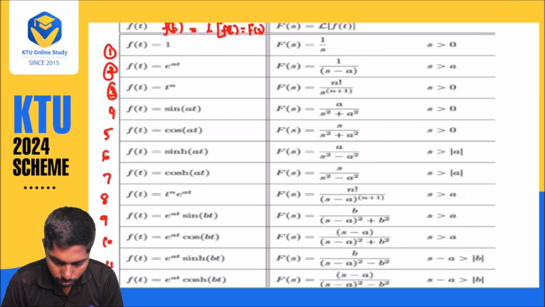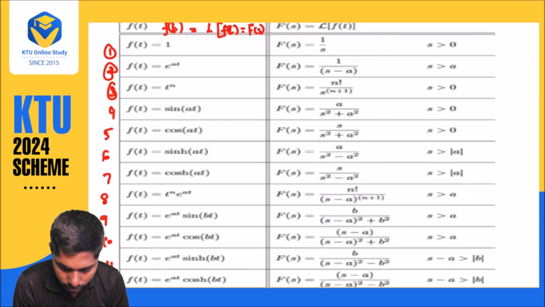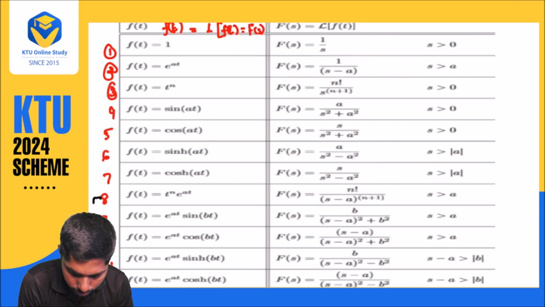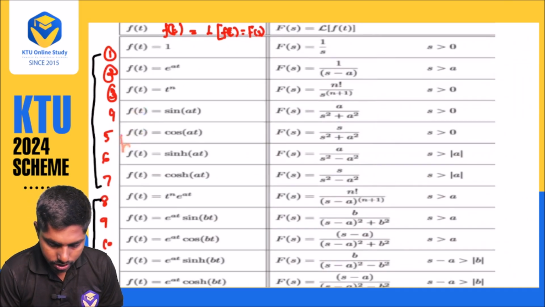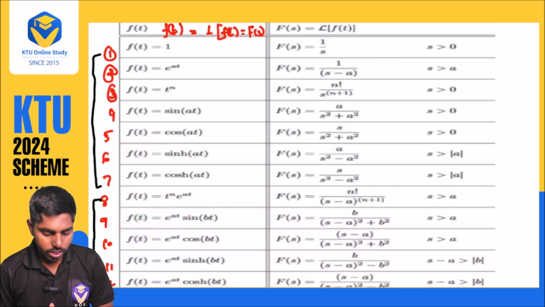Okay, next formula. These are the things we will study later, in the shifting theorem. These are the basic formulas you want to know. The next ones will be coming based on the shifting theorem properties.